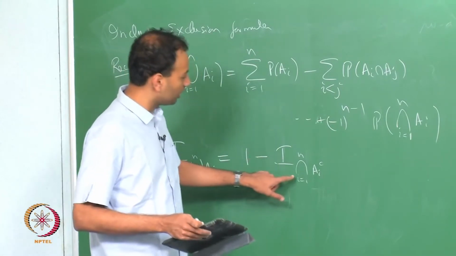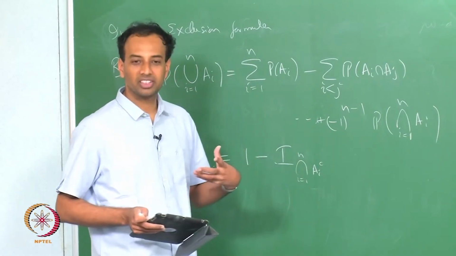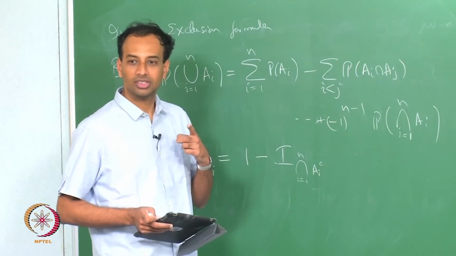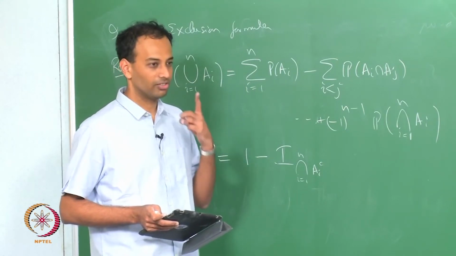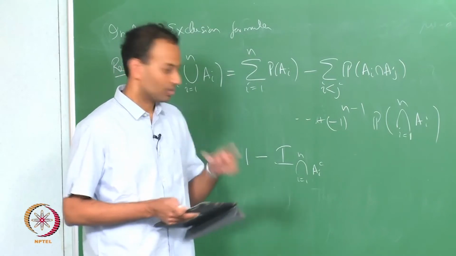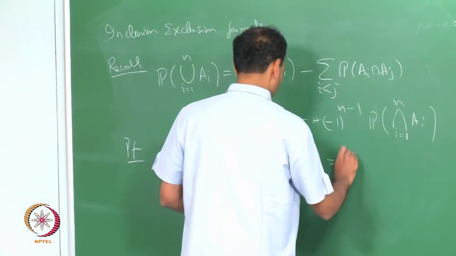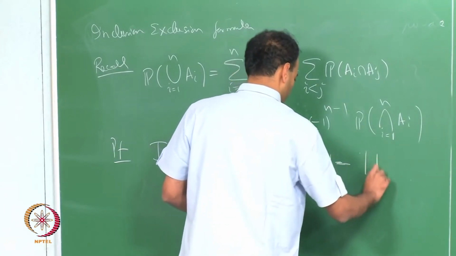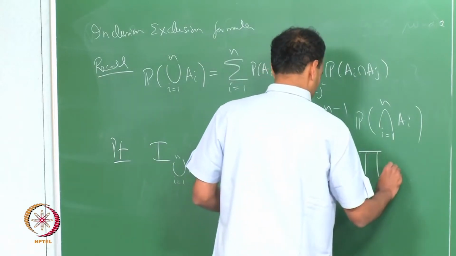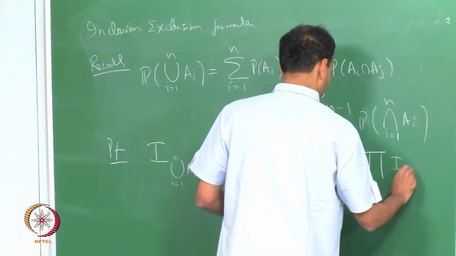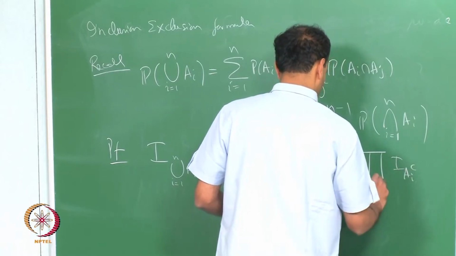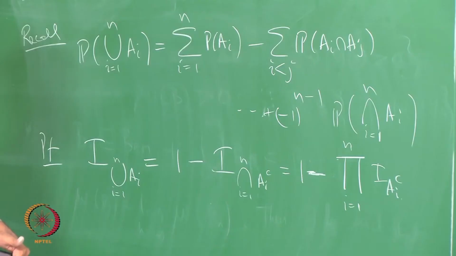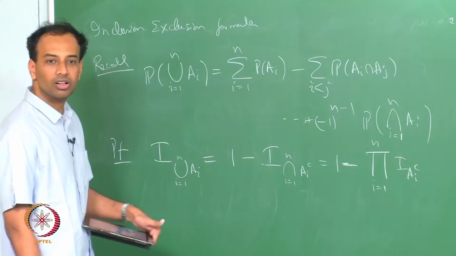Now, what is the indicator of A intersection B? The indicator of A times indicator of B, correct. Indicator of A intersection B is indicator of A times indicator of B. So, this can be written as 1 minus the product of the indicators of A_i complement, i equals 1 through n, right.